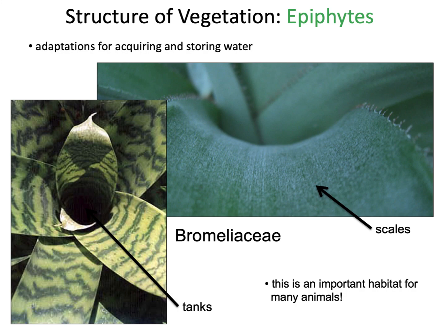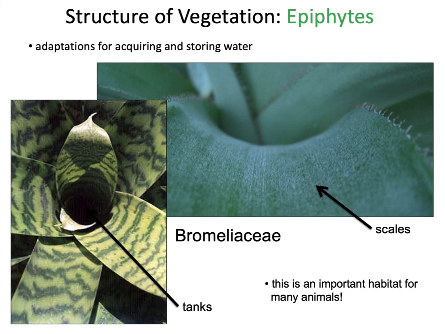Remember back from our leaves studies, we learned about the bromeliads. Well, they belong to the family Bromeliaceae, and they have these very unique adaptations with their leaves for storing water. They store that water in a tank, and it's perfect because these epiphytes growing on the sides of trees are really at the mercy of rainfall.